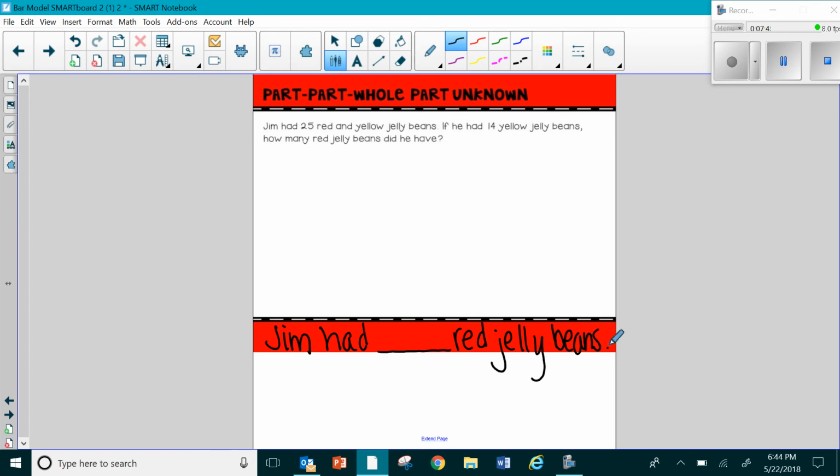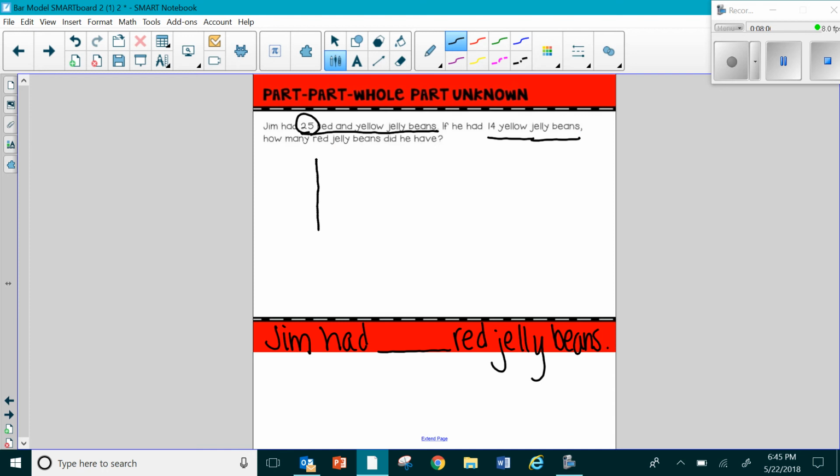Because we know he had red and yellow, we just don't know how many red he had. So in this case, we definitely know the total, which is 25, and we know a part, which is the yellow.